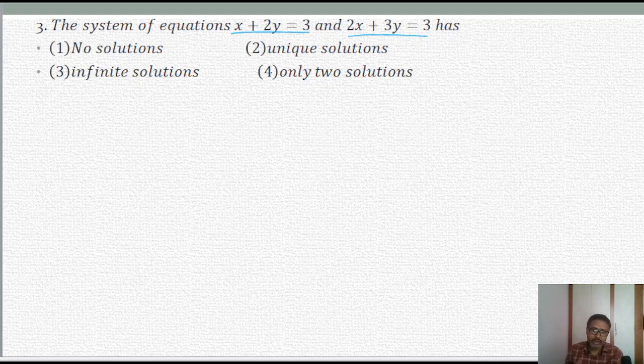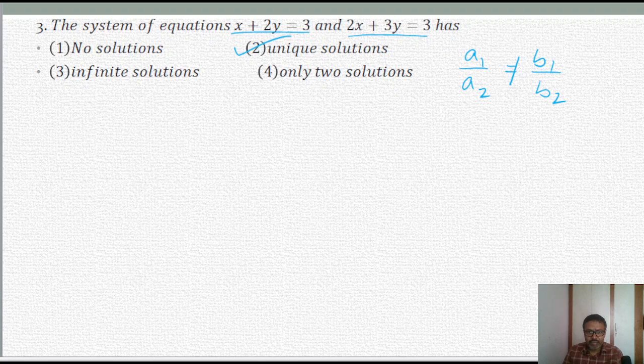They are not parallel, that means they are going to intersect. If two lines are intersecting, my option is there exists a unique solution. No need to solve, tick the option and move on. If you want, I have a condition here. If a1 divided by a2 is not equal to b1 by b2 for any given system of equations, then you have a unique solution.